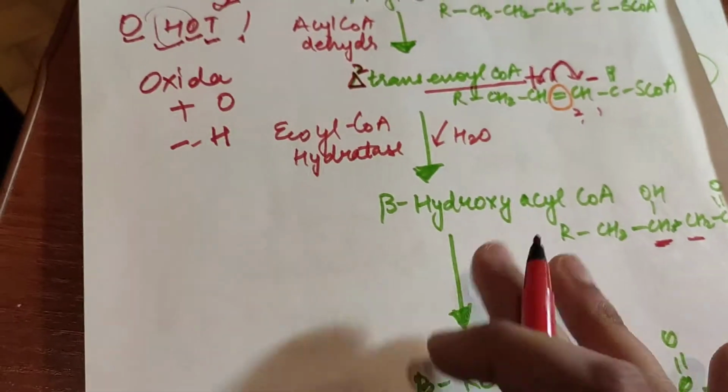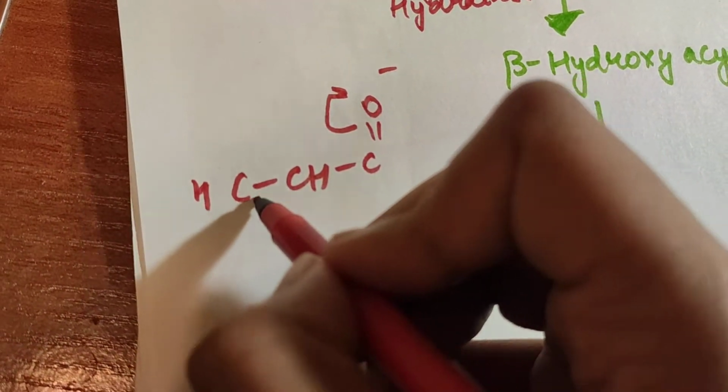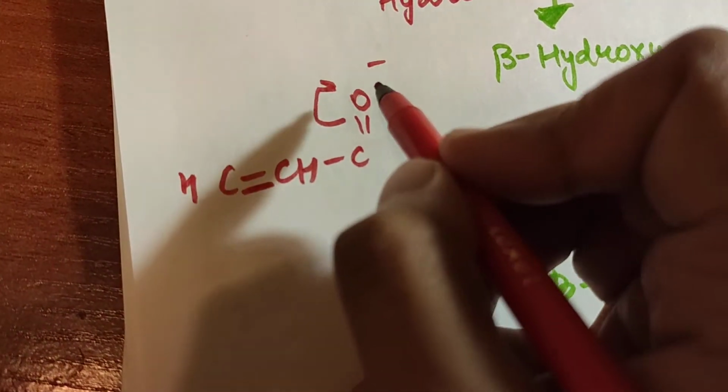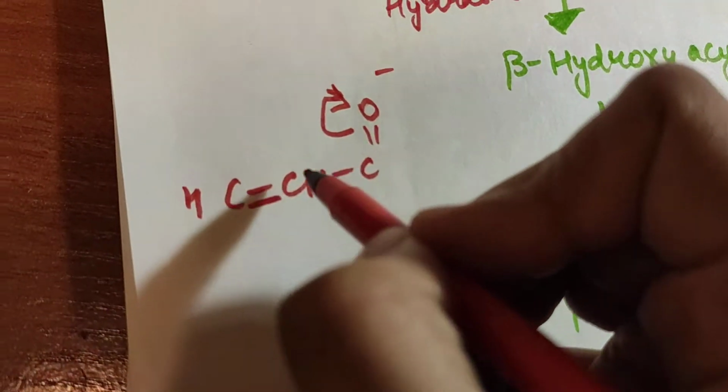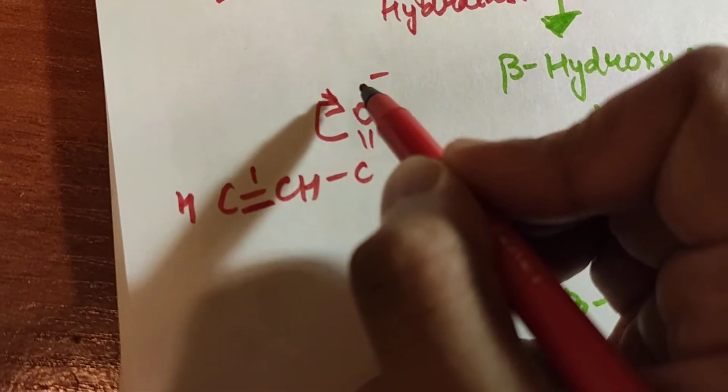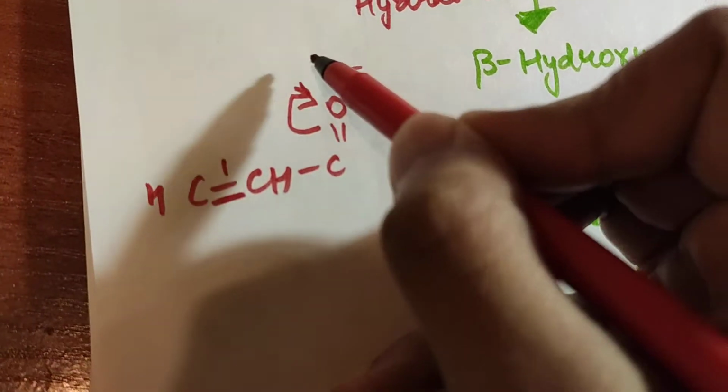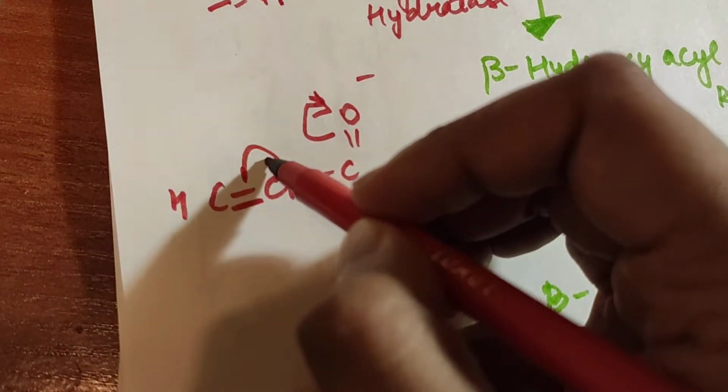Getting it? Let me tell you, this is chemistry which we have done earlier. What will happen here was the double bond. Due to this effect, I don't remember the name, but this effect of oxygen, it will move the double bond towards oxygen. Oxygen is more electronegative, so this double bond will be over here.